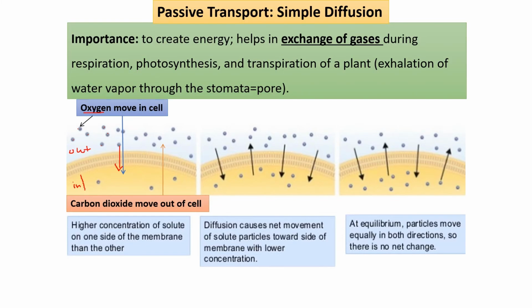So this shows over time what is happening, more and more oxygen penetrating until equilibrium is reached: the same concentration of oxygen outside of the cell as inside of the cell. And you can see, if we count all these dots, there will be the same number of oxygen molecules outside of the cell compared to the inside of the cell. So equilibrium is achieved.